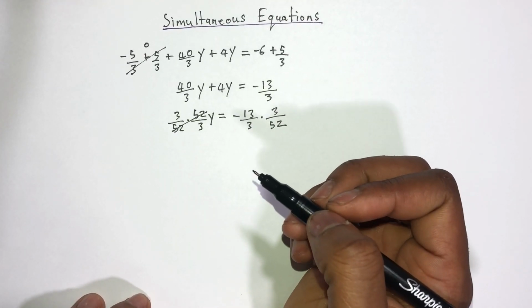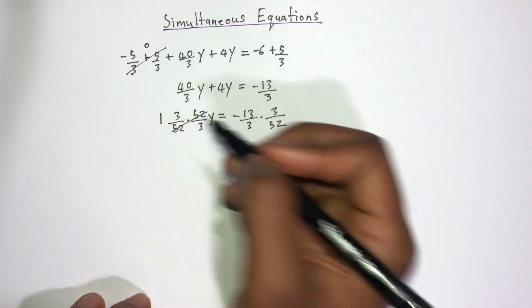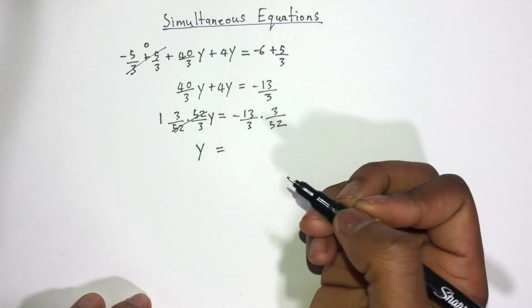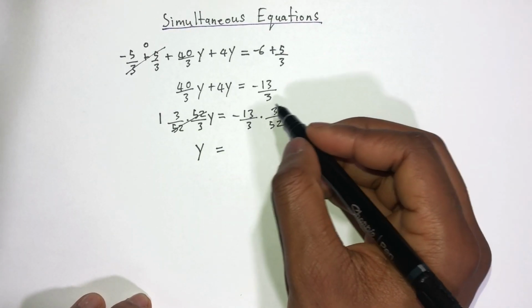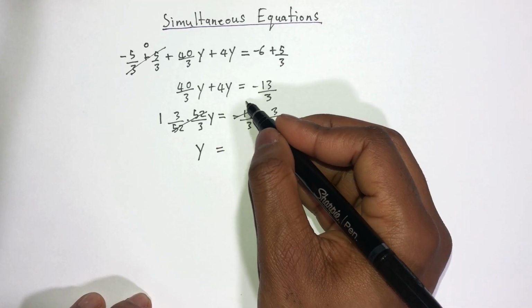Any number into itself gives 1. 1y is y. Negative 13 into negative 13 gives 1.